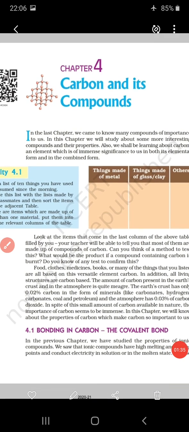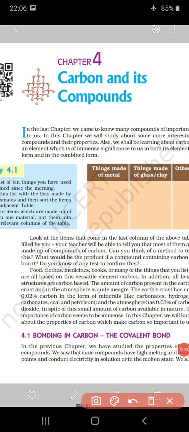See, the earth crust has 0.02% of carbon in the form of minerals. Which are these minerals?